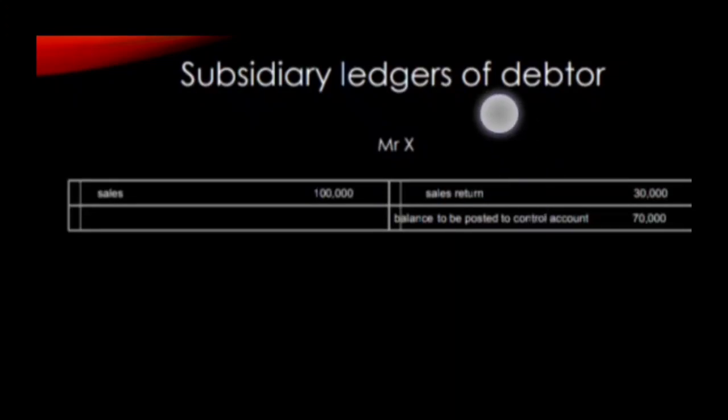So here we have a sale of 100,000 to Mr. X, and then Mr. X returned 30,000 of that sale. So the subsidiary ledger balance is 70,000. Now this balance is to be posted into the control account.